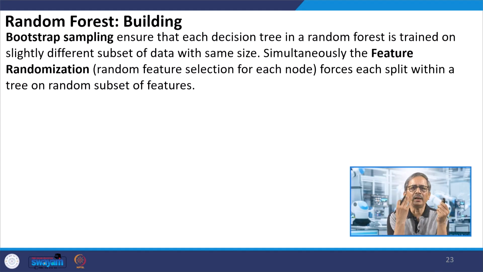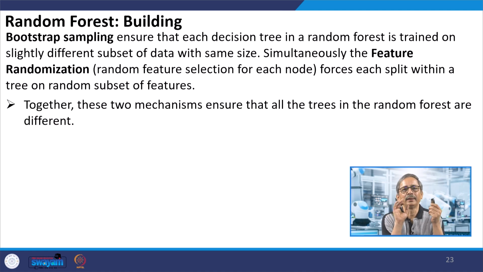So, bootstrap sampling ensures that each decision tree in a random forest is trained on a slightly different subset of data, with the same size. Simultaneously, feature randomization, where we pick some selected features, forces each split within a tree to use a random subset of features.